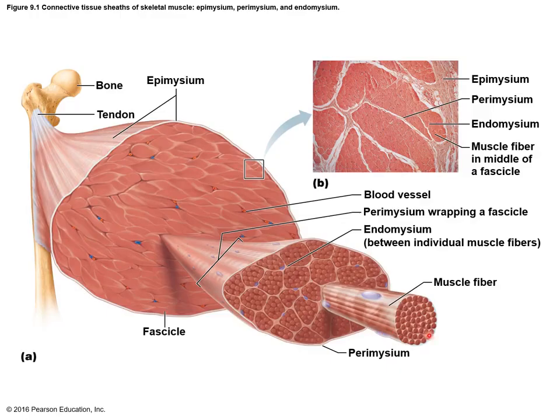So in here, here is your individual muscle fiber. These are the myofilaments. We're going to talk about this a little bit later. They allow for the contraction itself. Here's the nucleus of the cell. And so you wrap this with the endomysium.